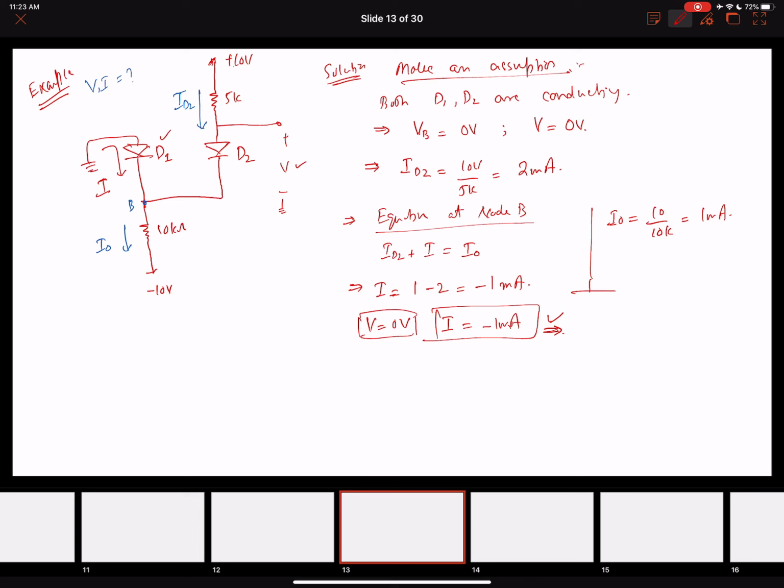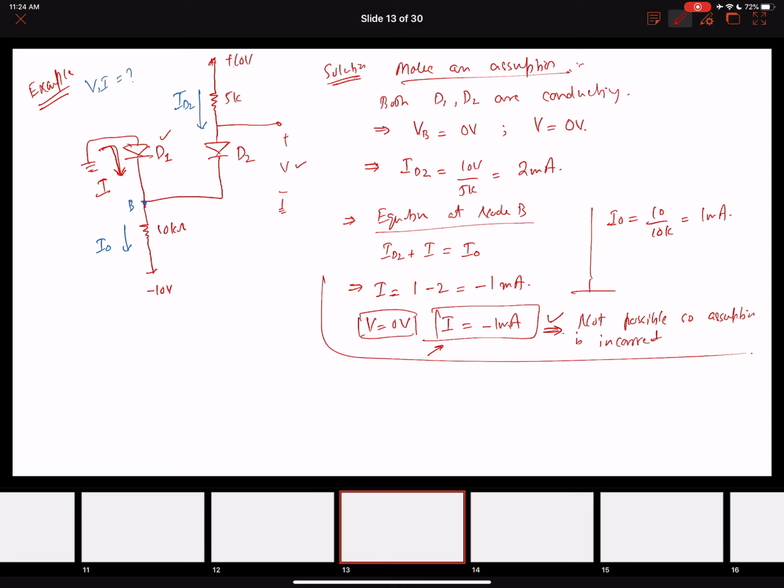However, for solving this circuit, assuming an ideal diode in forward bias, the current is going to flow from anode to cathode. So the direction of the current I as negative 1 milliampere is not possible. So the assumption is incorrect.